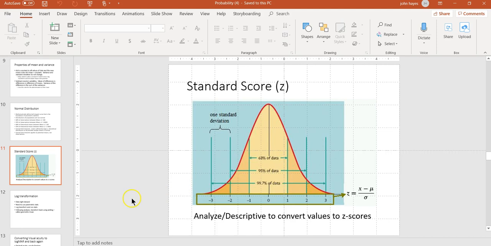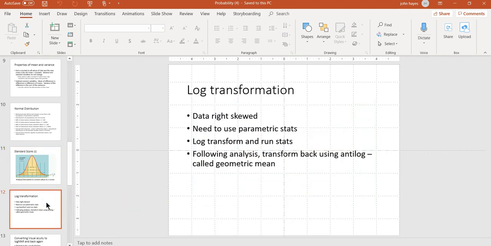Now, sometimes things don't look normal and the data is right skewed. And you want to use parametric statistics, and one of the assumptions of parametric statistics is the underlying distribution is normal. So you want to fix those variables so that you can use this distribution.